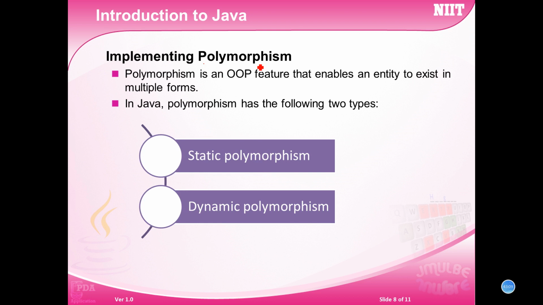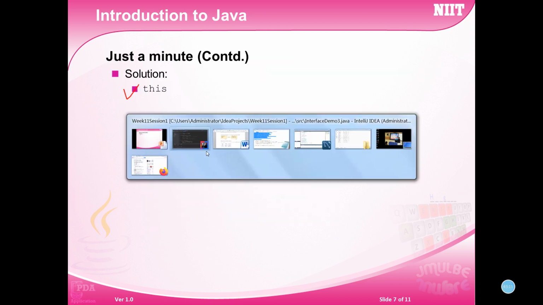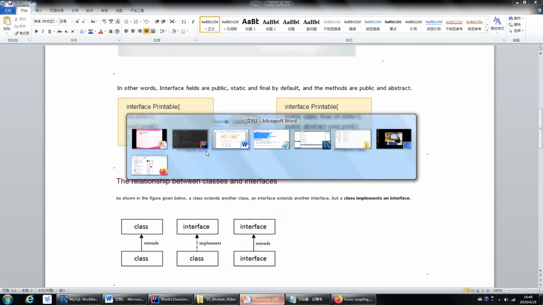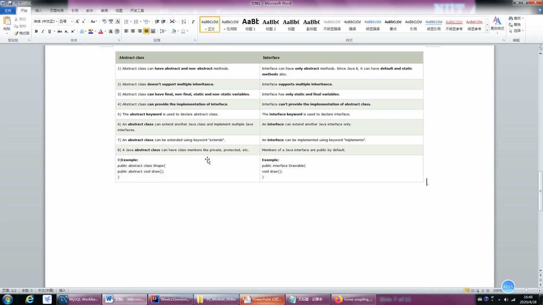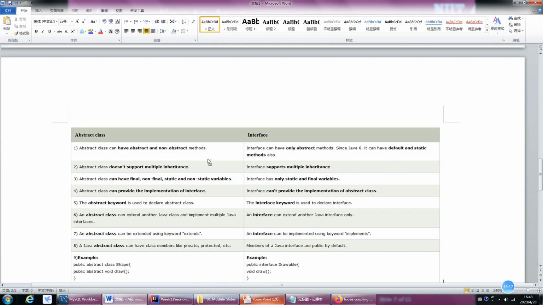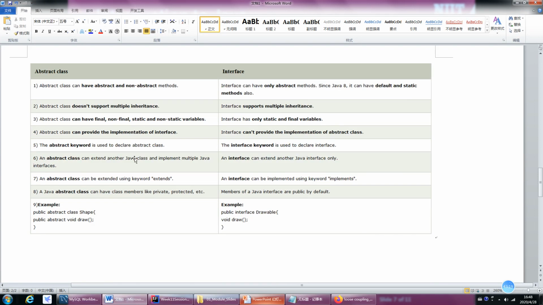But before I finish this, I want to discuss the difference between abstract class and interface. So please look at this. This is your second homework: what is the difference between abstract class and interface?